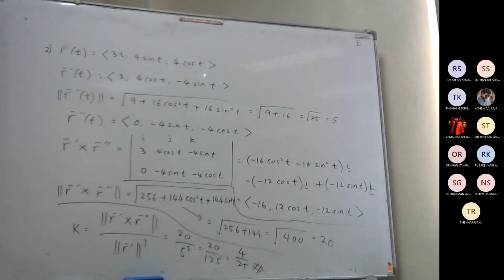For question 2, it doesn't matter whether you use the first or the second formula. This one just lets you experience using the two different formulas to get the answer.